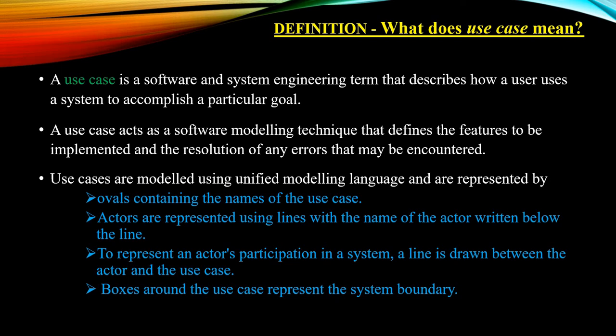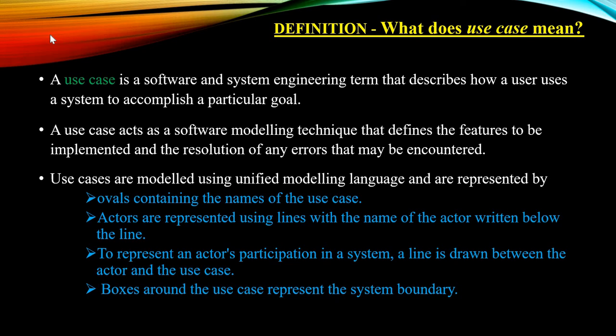The use case acts as a software modeling technique that defines the features to be implemented and the resolution of any errors that may be encountered. Use cases are modeled using Unified Modeling Language, or UML. If you see UML, it means Unified Modeling Language.